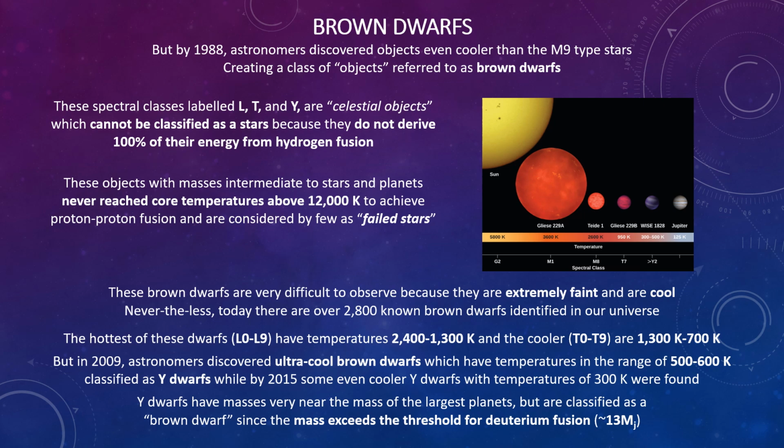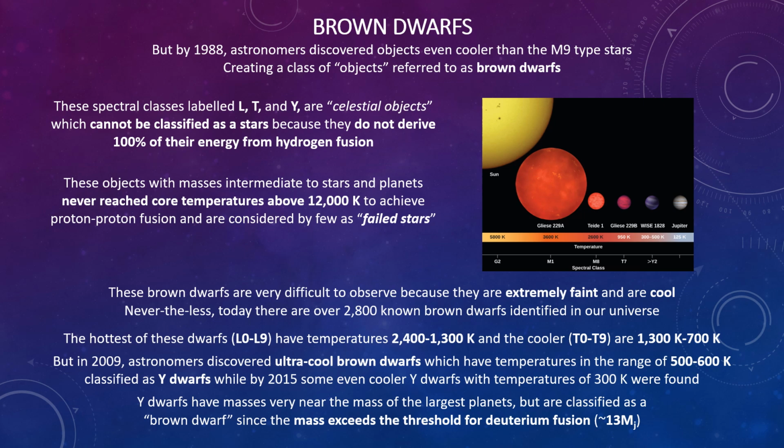But in 2009, astronomers discovered even cooler types of brown dwarfs called ultra-cool brown dwarfs, which have temperatures in the range from 500 to 600 Kelvin, and they're classified as Y dwarfs. While in 2015, there were some even cooler Y dwarfs found with surface temperatures of 300 Kelvin. So that's starting to get close to what we can produce in our ovens at home.